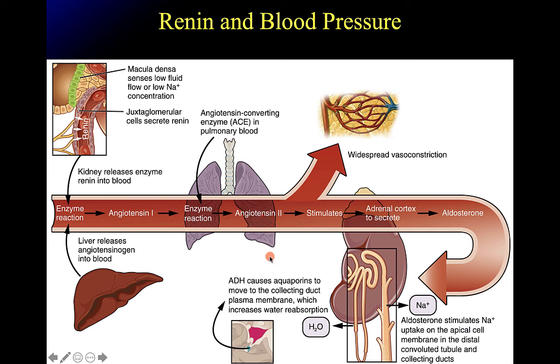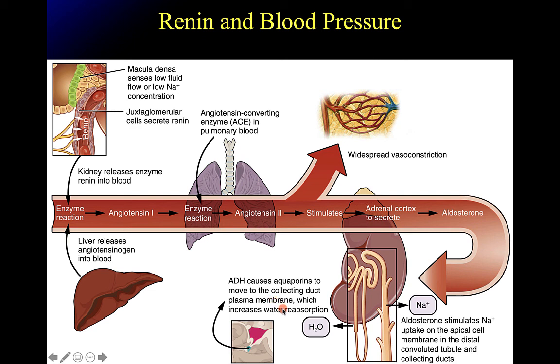Angiotensin 2 also is one of the things that can cause ADH, or antidiuretic hormone, production. And this causes something weird to happen. We didn't cover this in the endocrine system, but it causes aquaporins, channels in membranes that allow water to move through them, to move to the collecting duct plasma membrane.